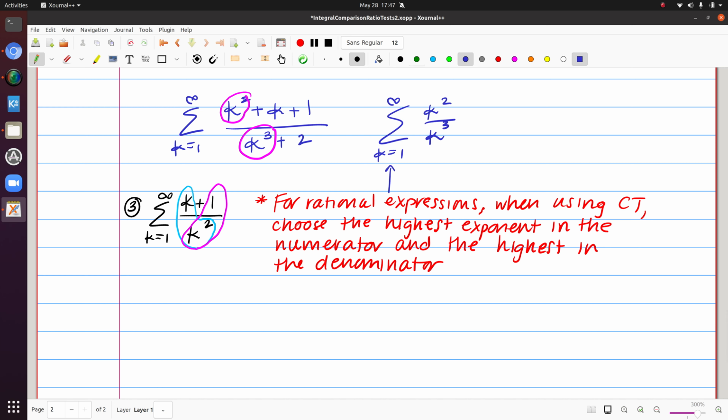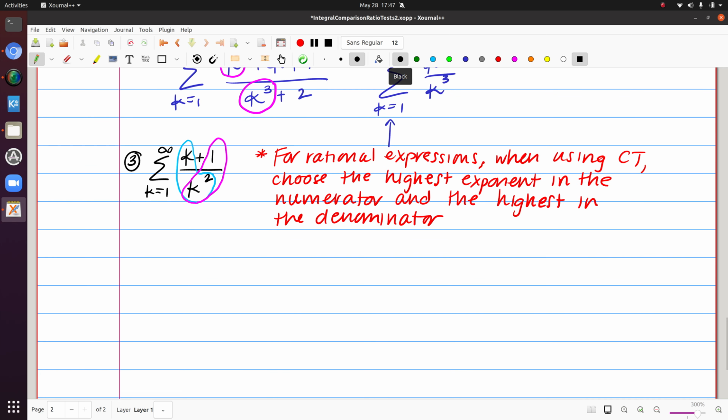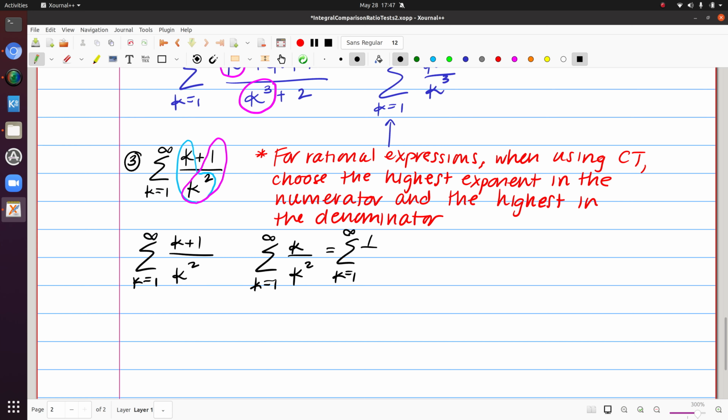So you can imagine you could have a very complicated polynomial on top and bottom. Now, in our example, it's simpler. First of all, the highest exponent in the bottom is 2. It's the only one. But that tells me that I really want to go with what I've circled in blue, because the highest exponent in the top is 1. So I'm going to take my series and compare it to the sum of k over k squared, which is the same thing as the sum of 1 over k.